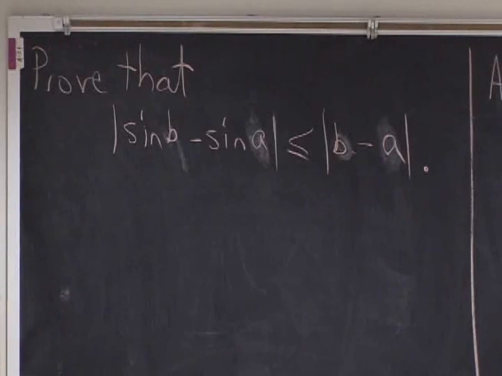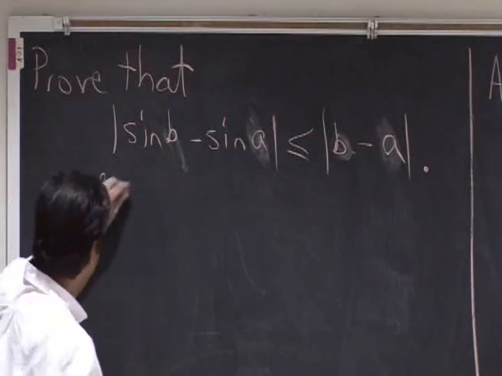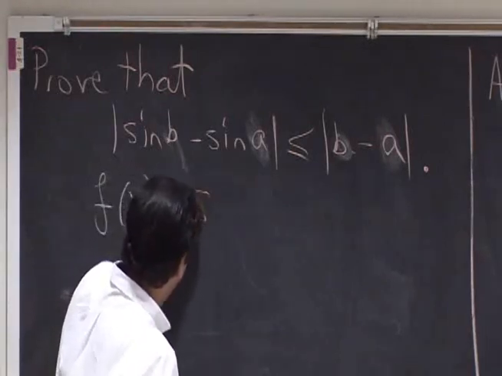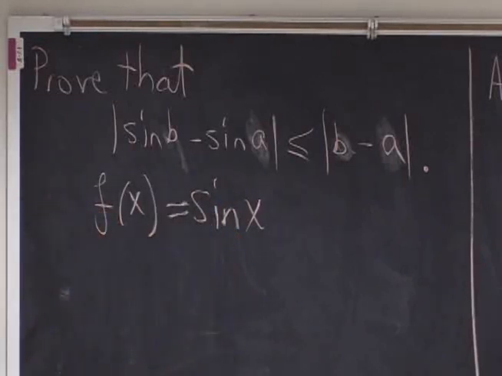Okay. So since this is looking like an f of b minus f of a situation, naturally, if you listen to the problem, it tells you to define a function f called sine x. And then see what interval you want to work with.